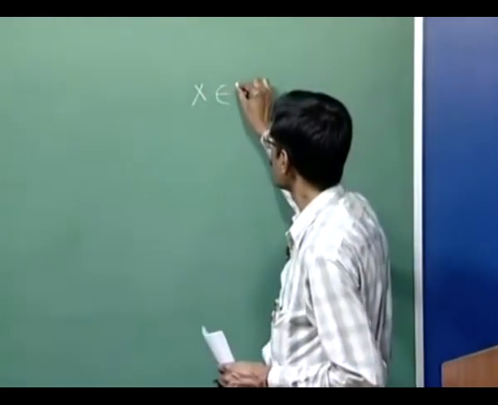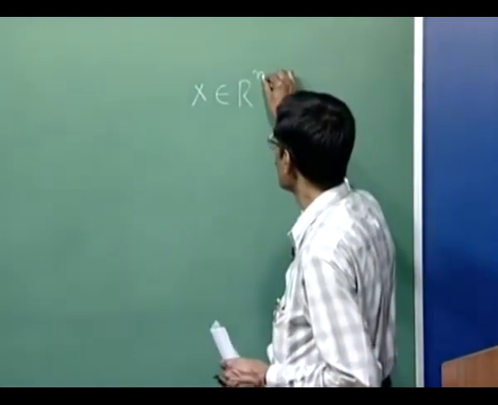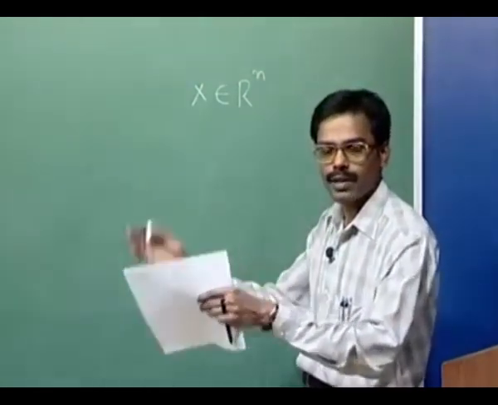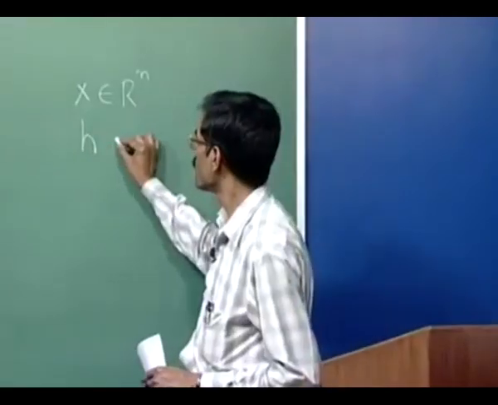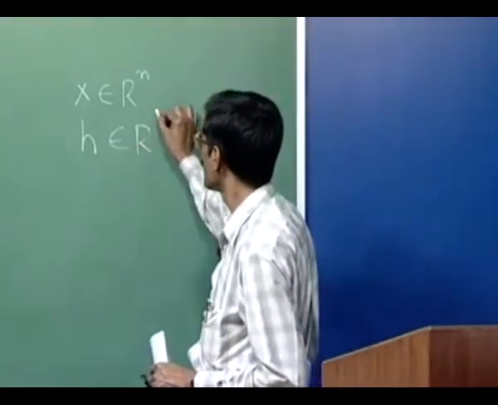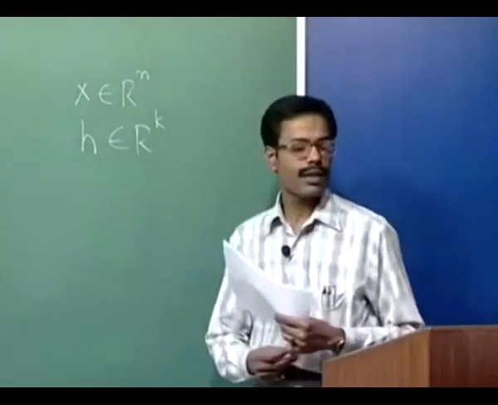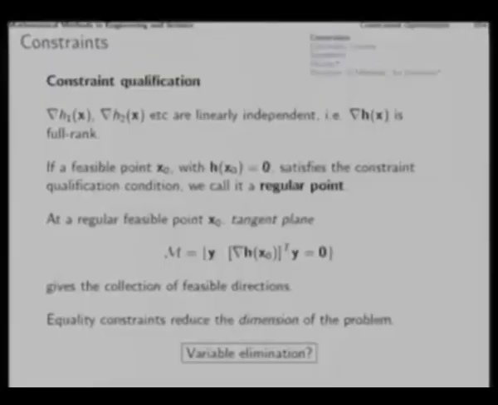So, we find that in an n variable problem, in which at any point in the solution space there are n linearly independent directions possible, if there are k constraints, and all of them are locally independent, that is, they satisfy the constraint qualification condition, then on the feasible direction y, there will be k such conditions, that is, y must be orthogonal to k different linearly independent vectors.